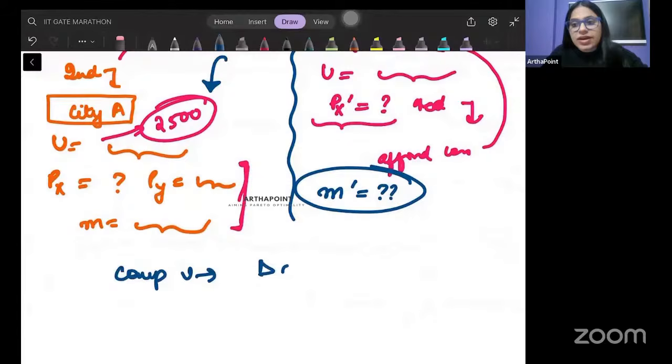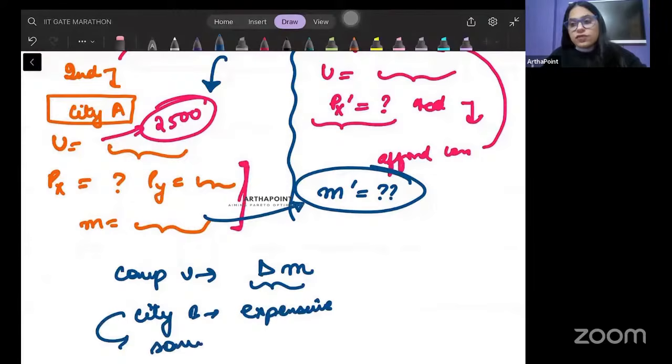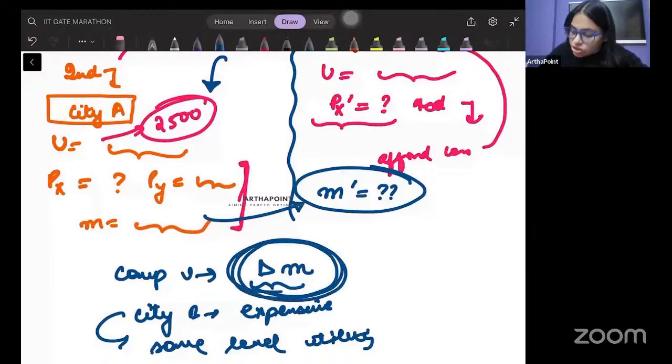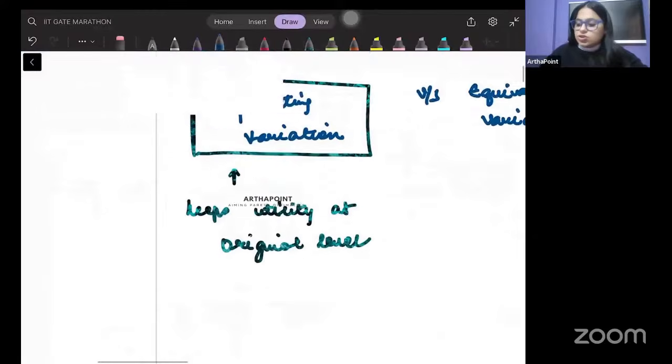The extra income this person will get, why will he get it? Because city B is expensive and he wants the same level of utility. The extra compensation he gets is called compensating variation.